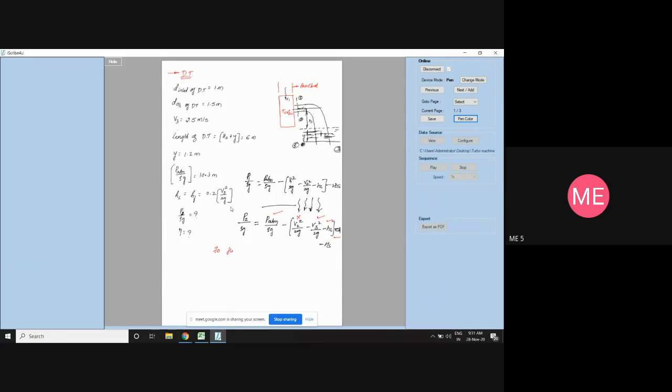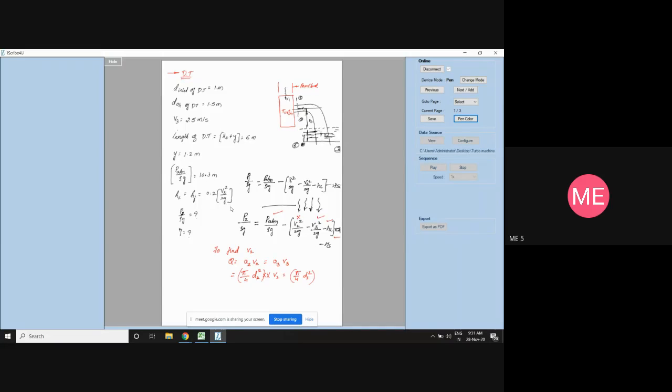To find V2, let us use the continuity equation. Q is equal to area of the draft tube at 2 times velocity V2, which equals area of the draft tube at 3 times velocity V3. Pi by 4 into D2 square into V2, and V2 is unknown, equals A3, pi by 4 into D3 square.